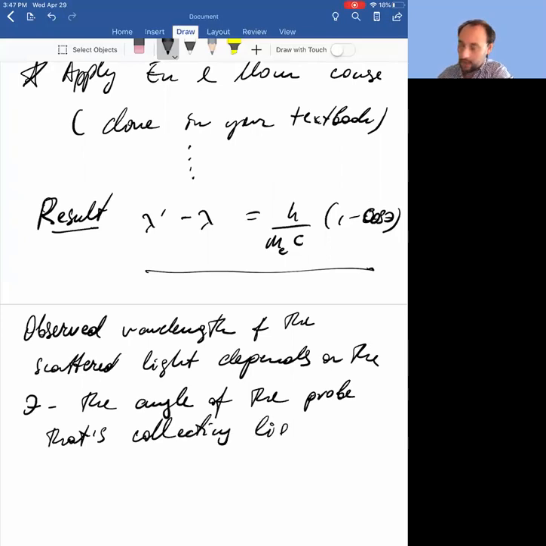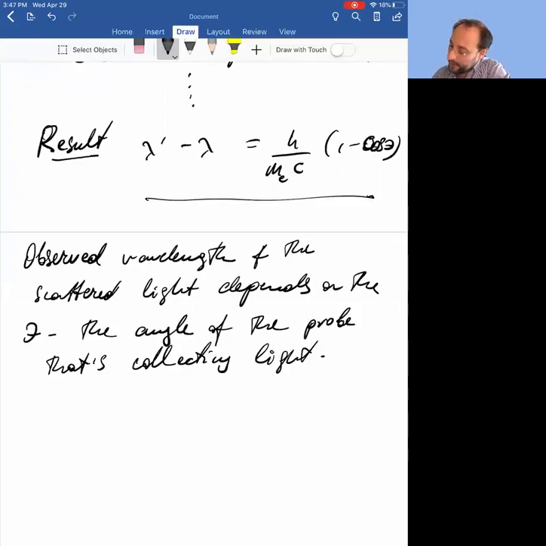Okay. And guess what? They went to the lab and they found exactly this relationship.